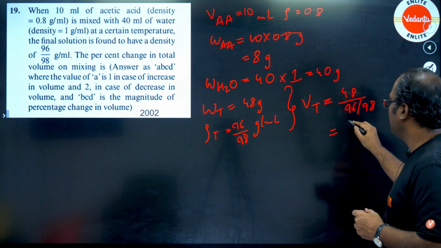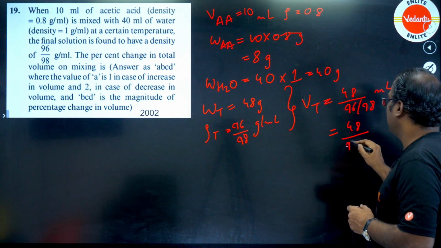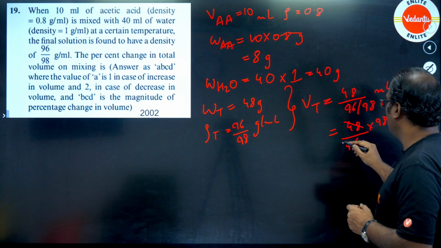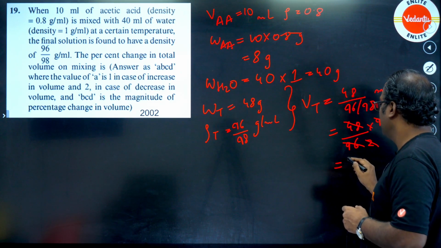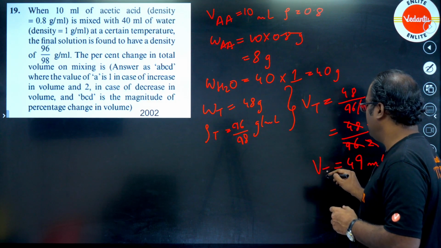We can simplify this easily. That is 98/96 into 48, which is 2 times 98 over 4... this is your 49. So the total volume comes out to be 49 ml.